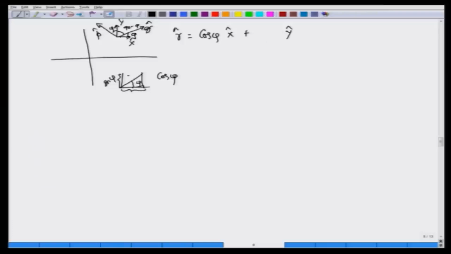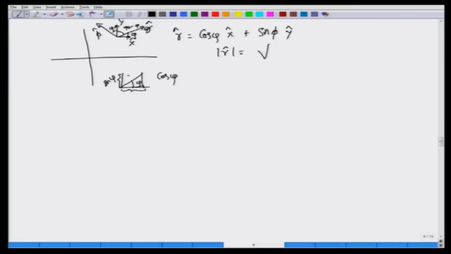So, I have r is equal to x cos phi plus y sin phi. Okay. What is the magnitude of r? The magnitude of the r unit vector should be equal to 1, and is this equal to 1?